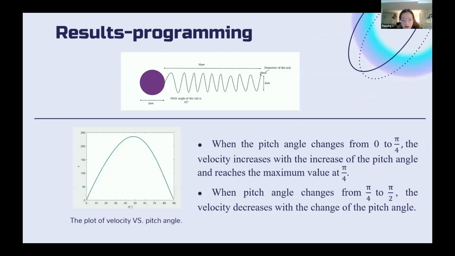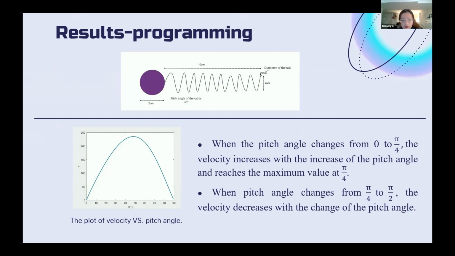Based on the known conditions, we can plot the relationship between the velocity and the pitch angle. The profile is shown in the slide. The profile indicates that when the pitch angle changes from 0 to 45 degrees, the velocity increases with the increase of the pitch angle.